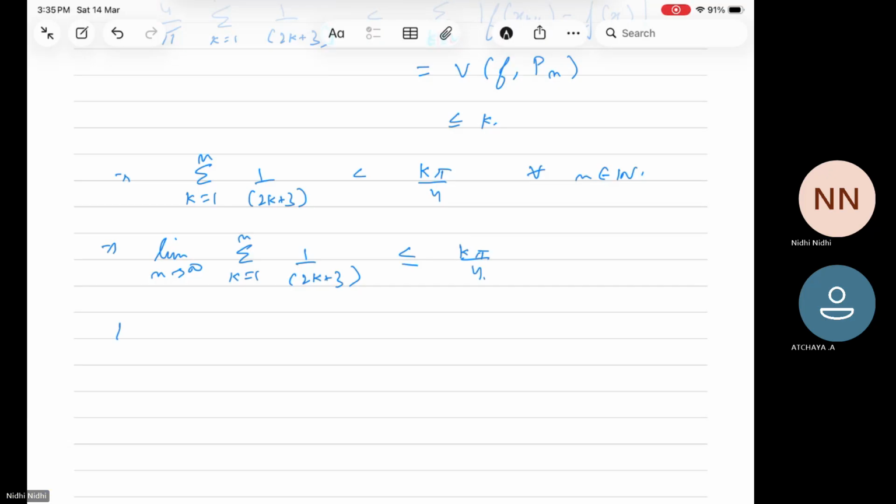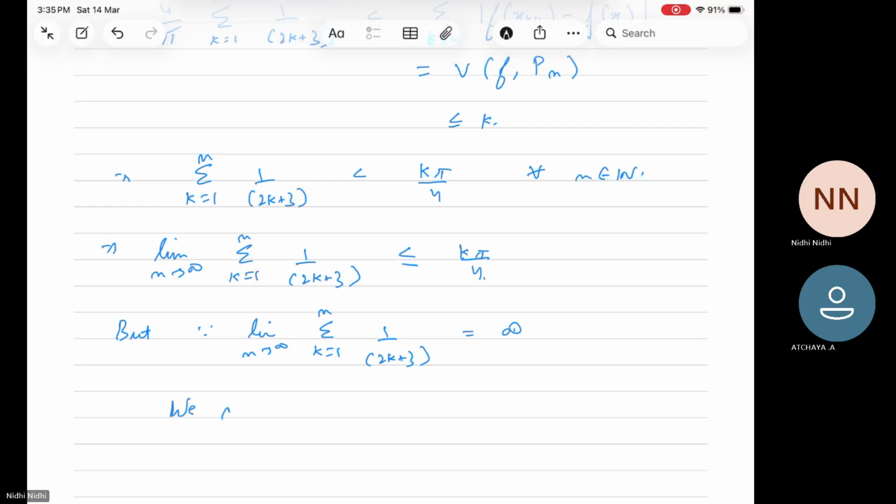But limit n tending to infinity, summation k from 1 to n, 1 upon 2k plus 3, is infinity. I hope you must have done this result while studying the series concept, that this type of series is actually divergent and it goes to infinity.